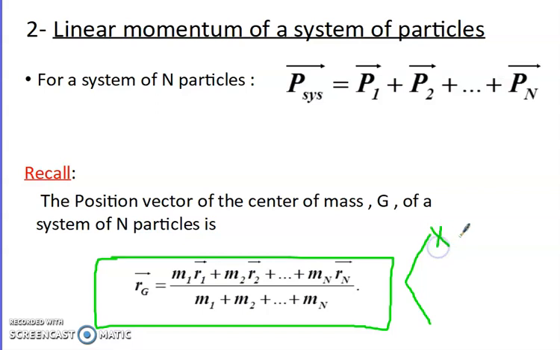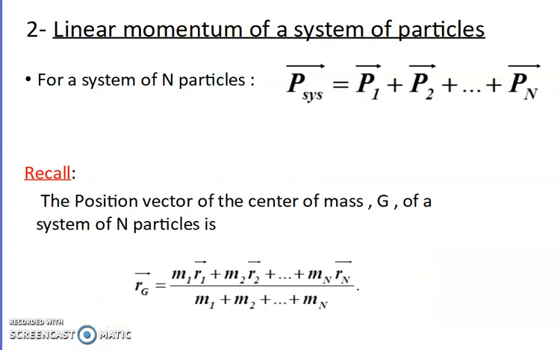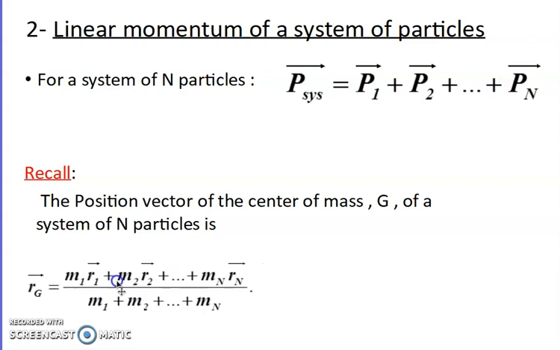Xg, let me put it, leave a space. Here it is. Or you can write it equivalently in this way. X abscissa, y, because position vector r is xi plus yj.